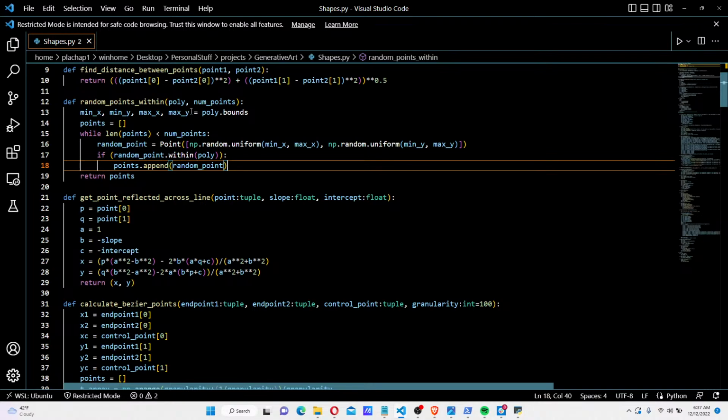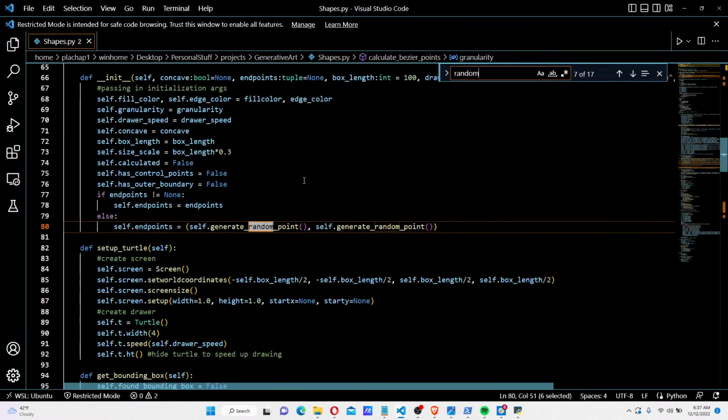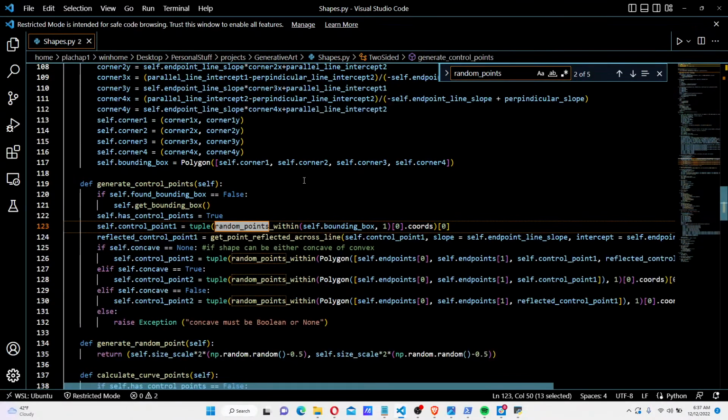Oh, so you pass in the polygon. So now when I do random points within. It's a random point within the bounding box.